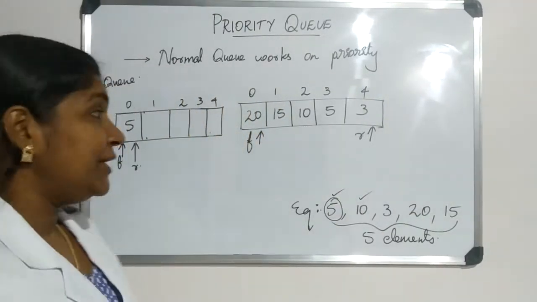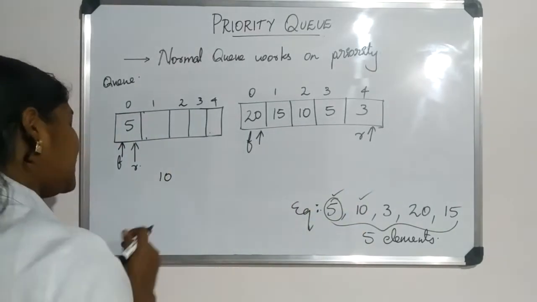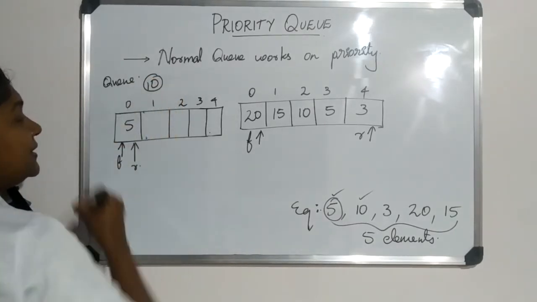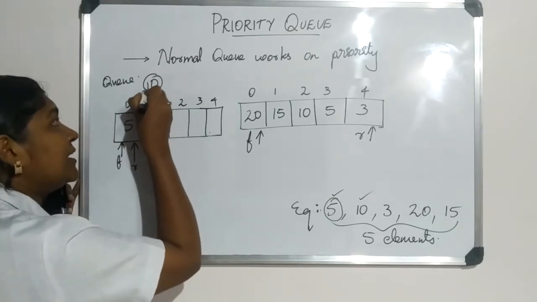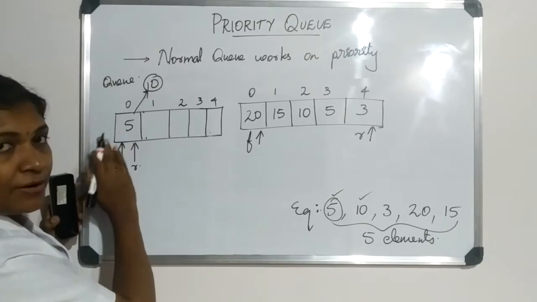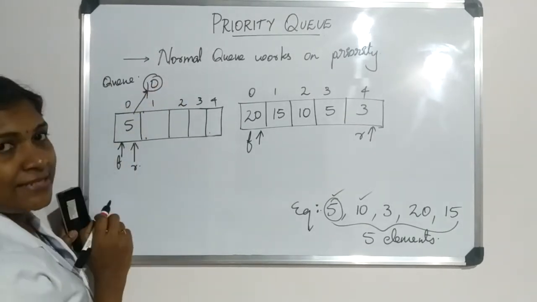So what we are doing is, first we will take the element, we will keep it here. I will write at the top. I will keep it here. Then I will check whether this element is greater than the element at front. I will start checking from the front end. So I will check whether this element is greater than this element.